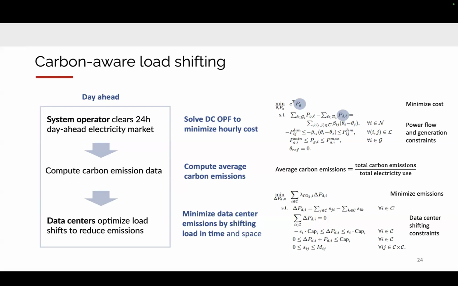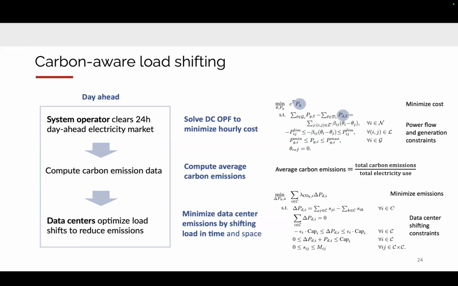There's also been literature from other people who've looked at letting the ISO know about how loads would react to carbon emissions data, and then having an upper and a lower level problem like that. So those are options. And we're also currently exploring equilibrium modeling for this problem to try and understand these different setups.